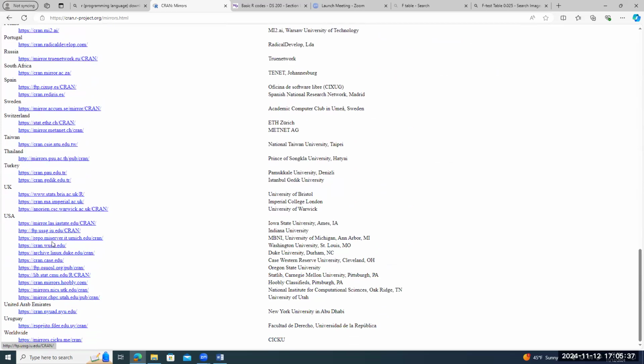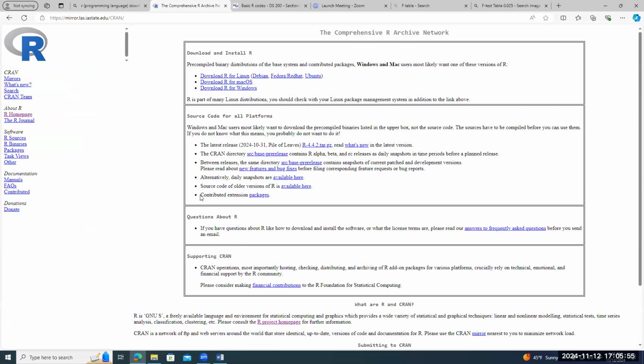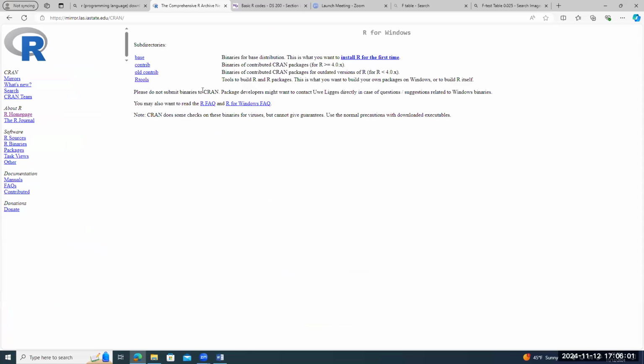I can do mirror. And then if you go there, download R for Windows, you will see there install R for the first time. It will be downloaded, okay?